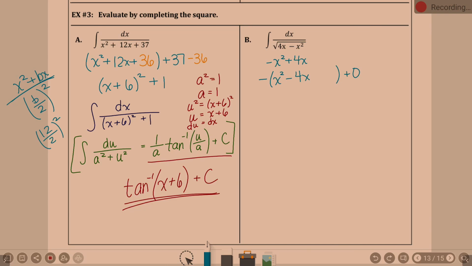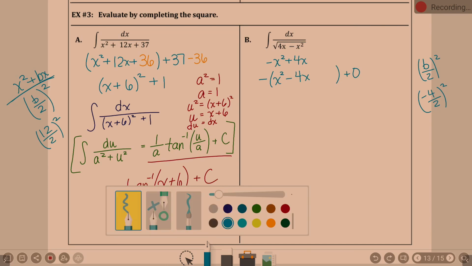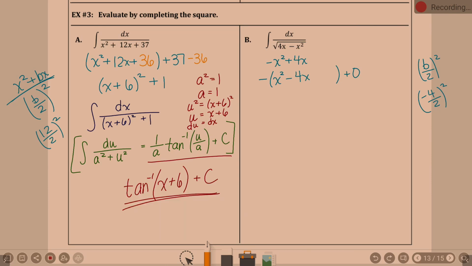What's my b value? Negative 4 officially. Negative 4 divided by 2 squared. We're going to get 4. Now, we're going to add 4 in the parentheses.